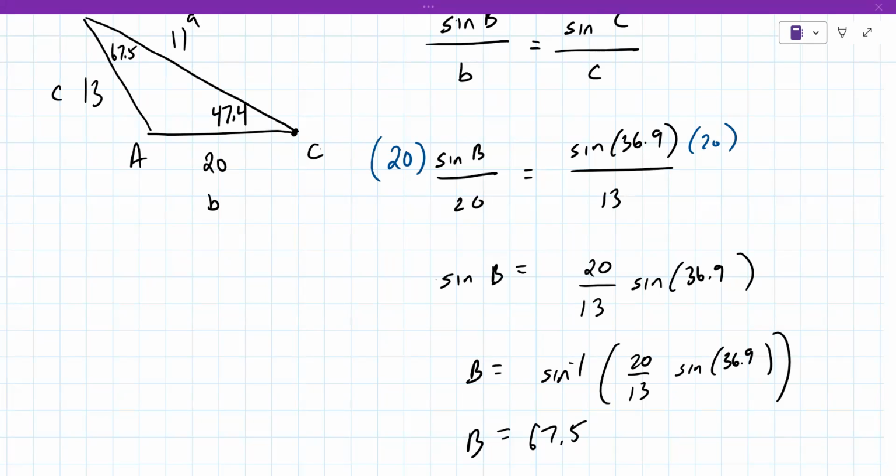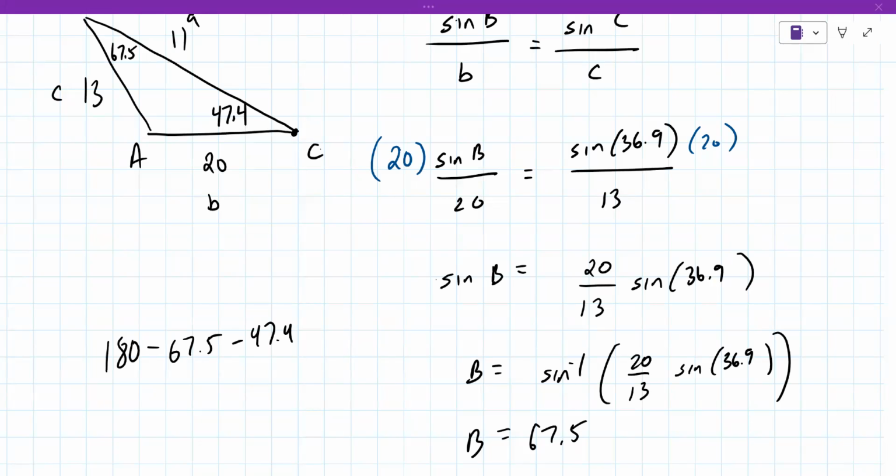So 180 minus 67.5 minus 47.4. Yeah, I got 65.1.